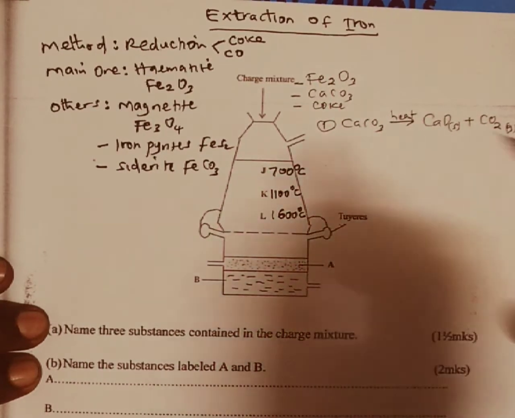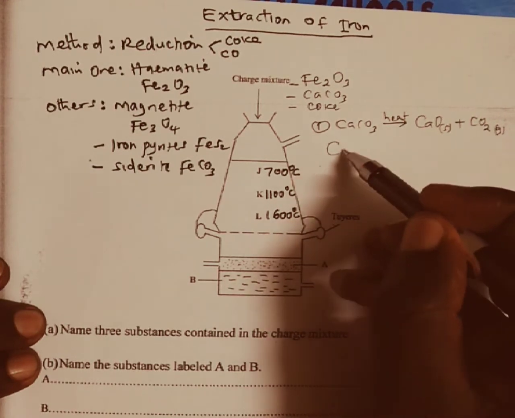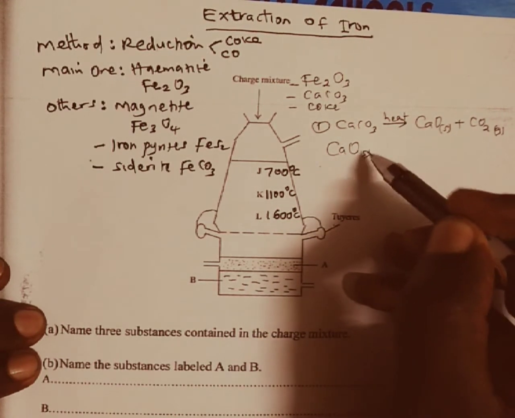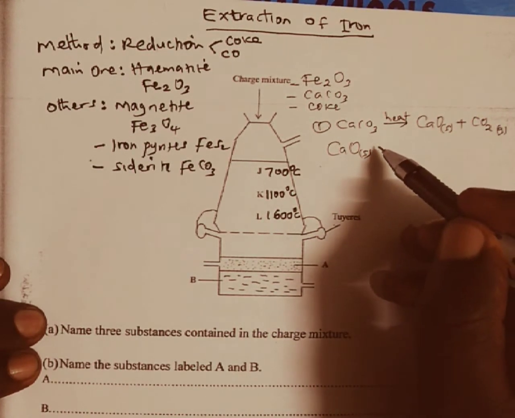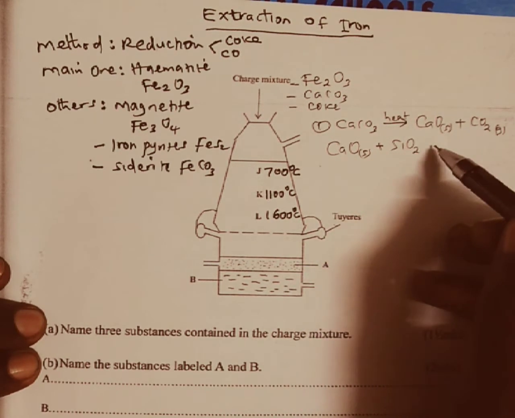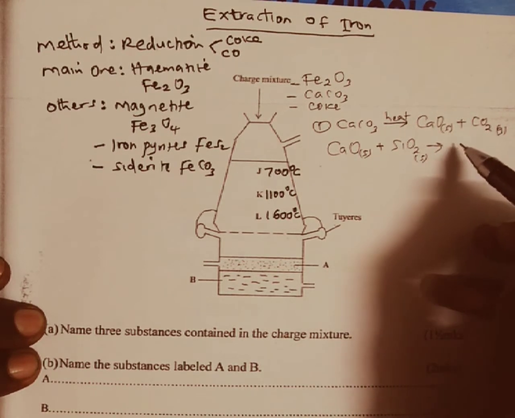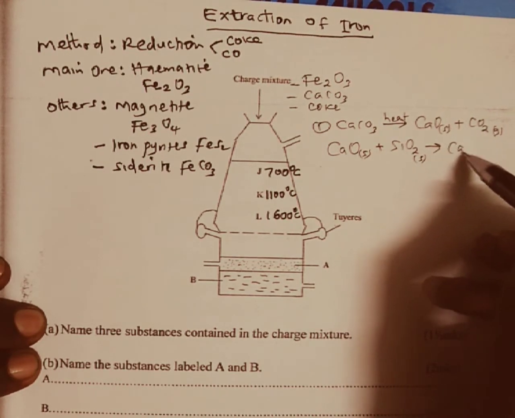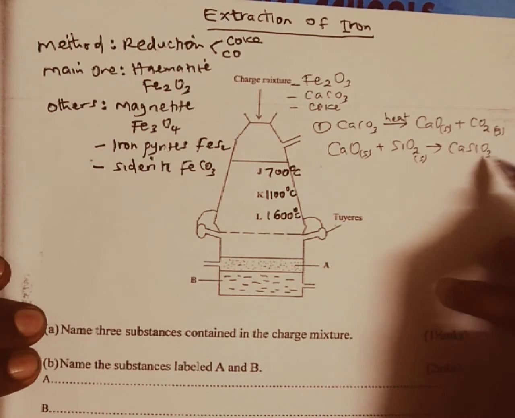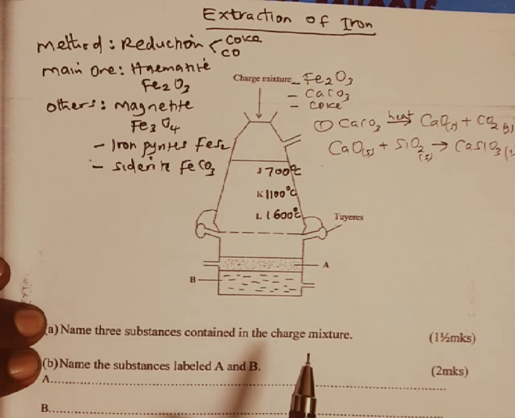The calcium oxide formed from the decomposition of limestone reacts with the main impurity in the ore, which is silica, to form calcium silicate, which is known as slag.